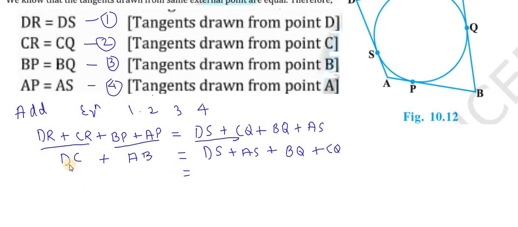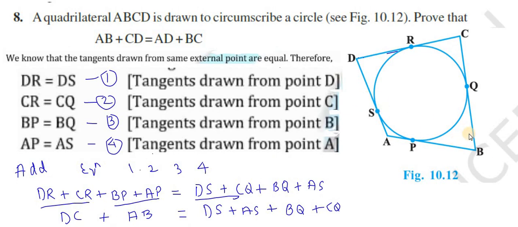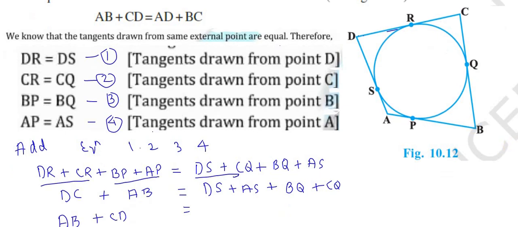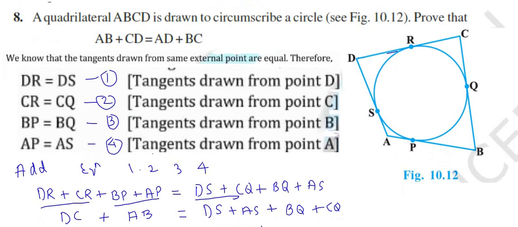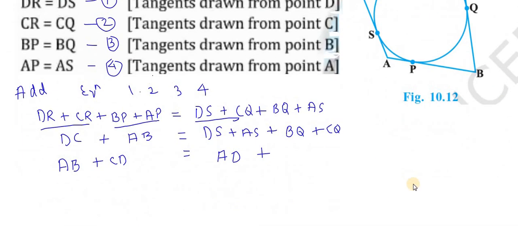Now CD is there and AB is there. I'll rearrange according to what the question requires: AB plus CD, where DC and CD are both the same. DS plus AS we can write as AD, and BQ plus CQ we can write as BC.